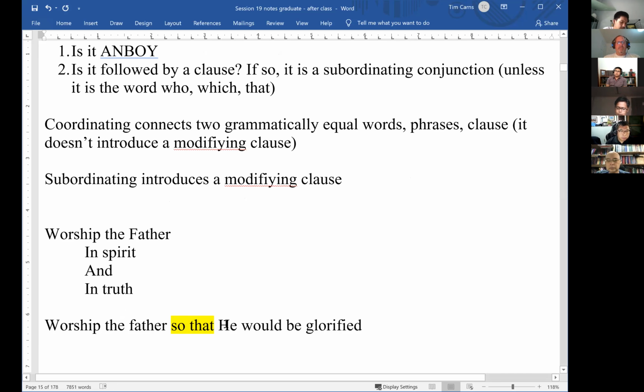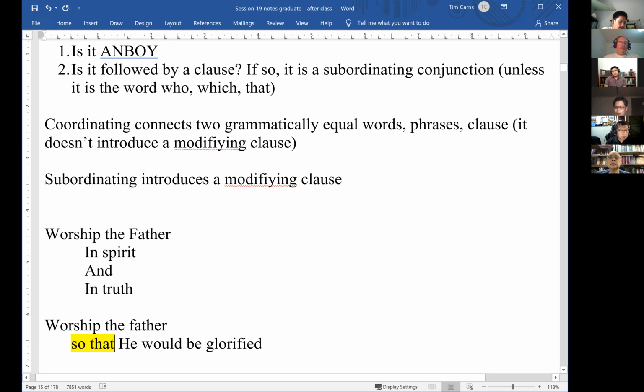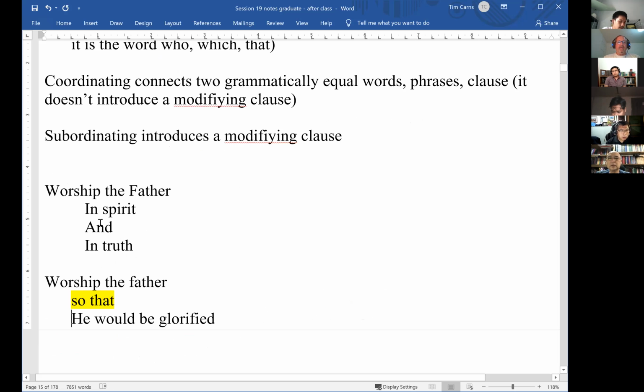Notice I have my subject, and then I have my verb, would be glorified. The so that is connecting the entire clause to worship. And here is not connecting this phrase to worship. It's connecting this phrase to this phrase. Okay? So that's the difference.